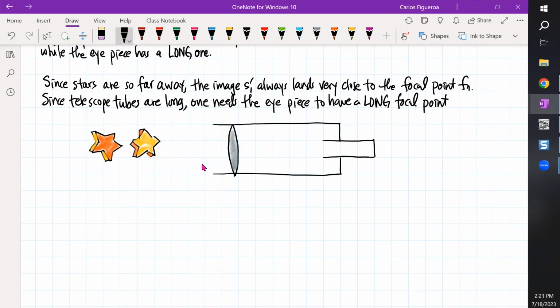So right in here, I'm then going to have my eyepiece right there. So what I'm seeing here is the light coming in. Then at some point, they're going to cross and that's going to be close to the focal point. And then the sky is going to come here. And then the light comes out where now you have your eye looking at this.